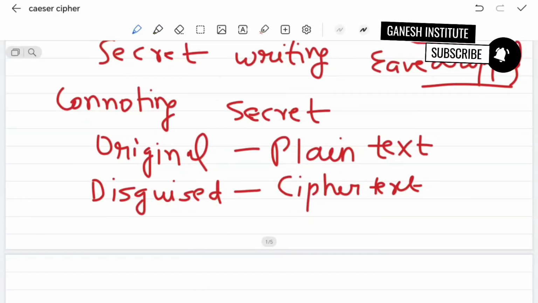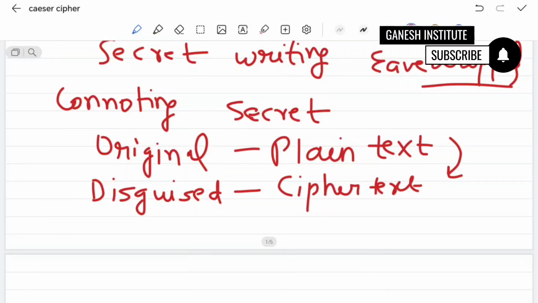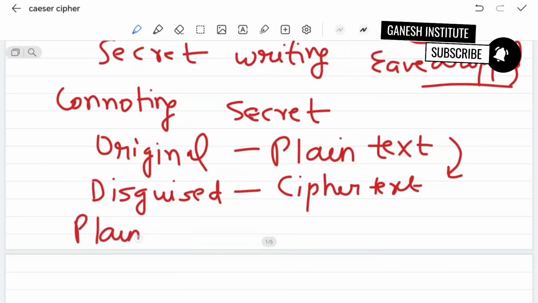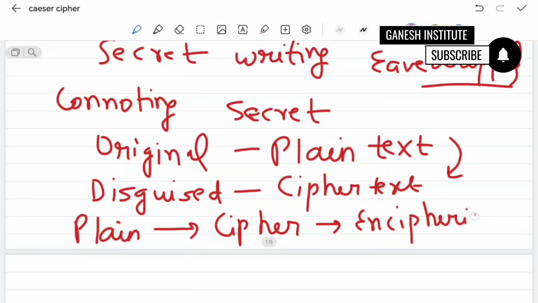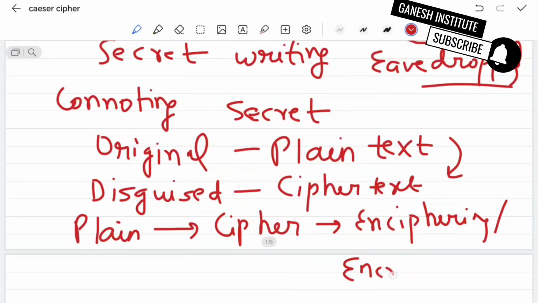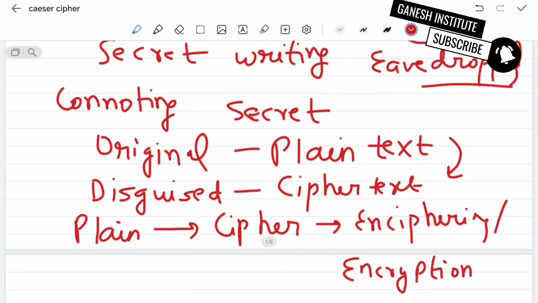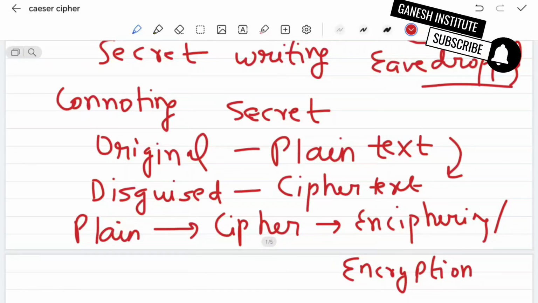Now if I know the coding, if I know what the codes mean, then only I can decode that. The conversion of plain text to ciphertext is called either enciphering or encryption. You must have heard this word on WhatsApp, where it is mentioned that your messages are encrypted end to end.